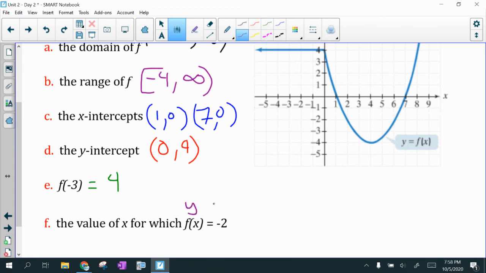So I'm going to say, when y is -2, what do my x values have to be? And for some of you, it's worth it just to draw this little line in to indicate that I'm looking at an x value of 2. In other words, it's hitting there, and it's also hitting there at 6.